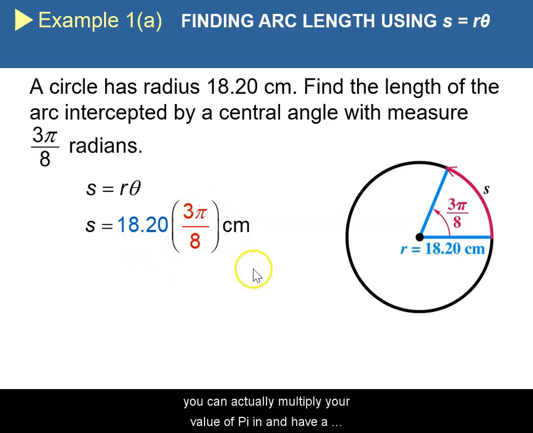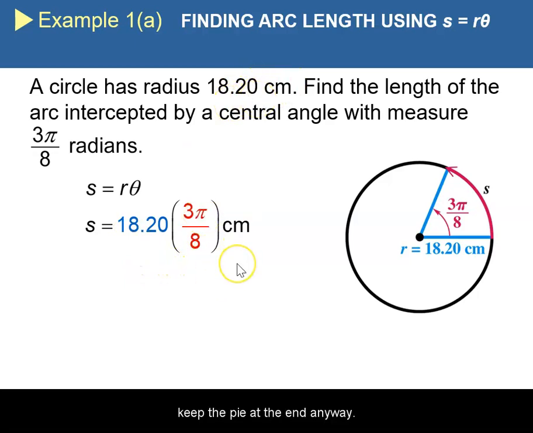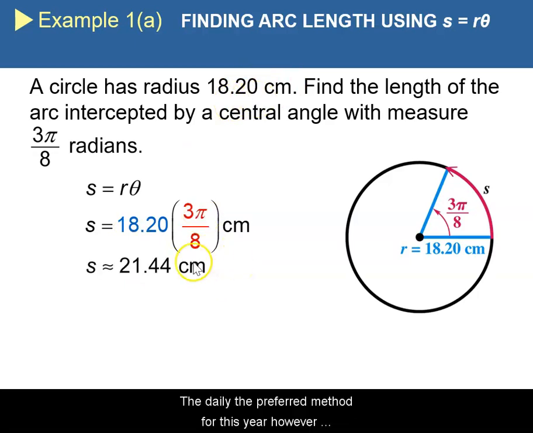Or you can actually multiply your value of pi in and have a decimal form. I would suggest you cut it off at 2 decimal places after you multiply by pi, because we're given 2 decimal places. However, you should probably just keep 2 decimal places and just keep the pi at the end anyways. It's generally the preferred method, but here, especially since we have a unit of measurement, it's 21.44 centimeters.